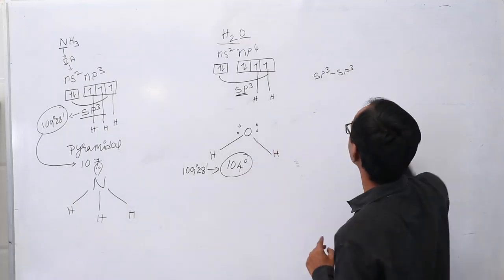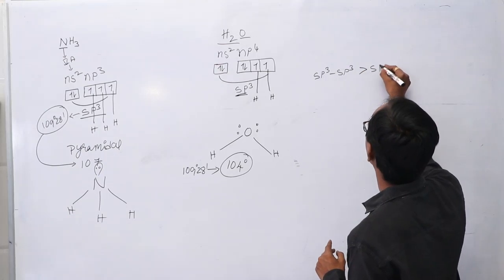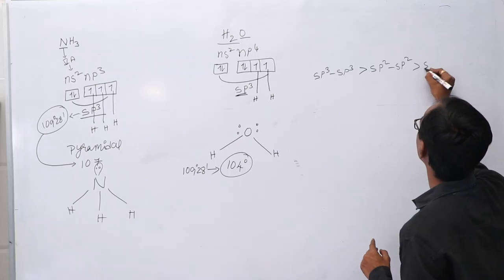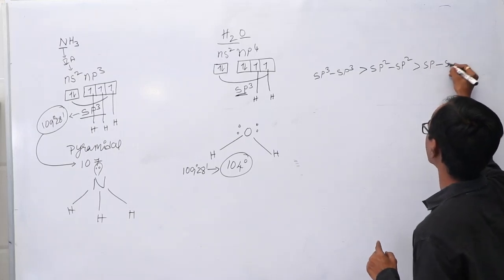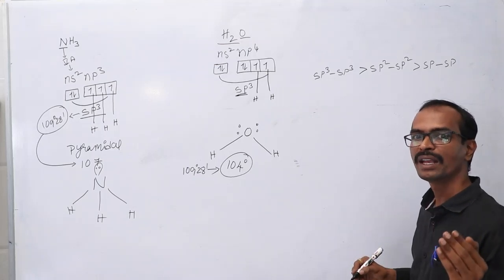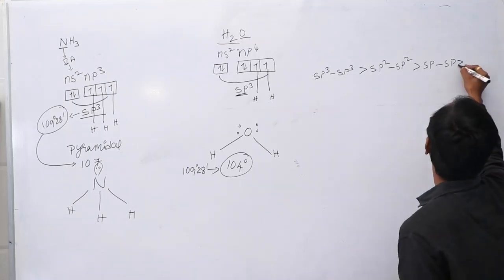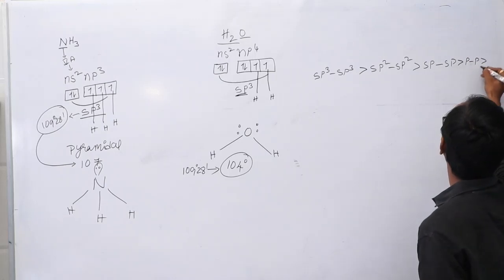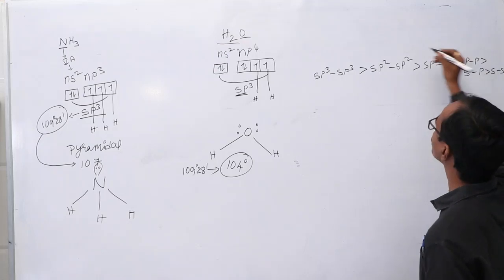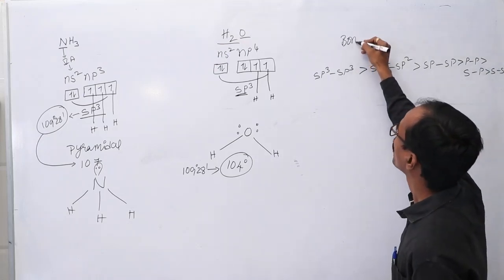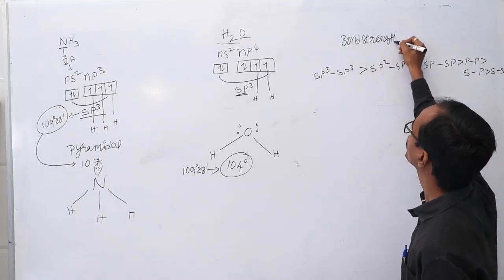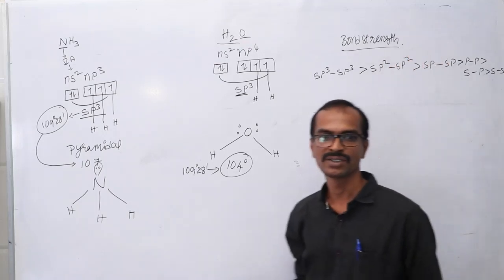After that, sigma bond formed by the overlapping of 2 sp2 hybrid orbitals, and then 2 sp hybrid orbitals, right? And then between p and s, pp, sp and ss. This is the bond strength order according to hybridization.